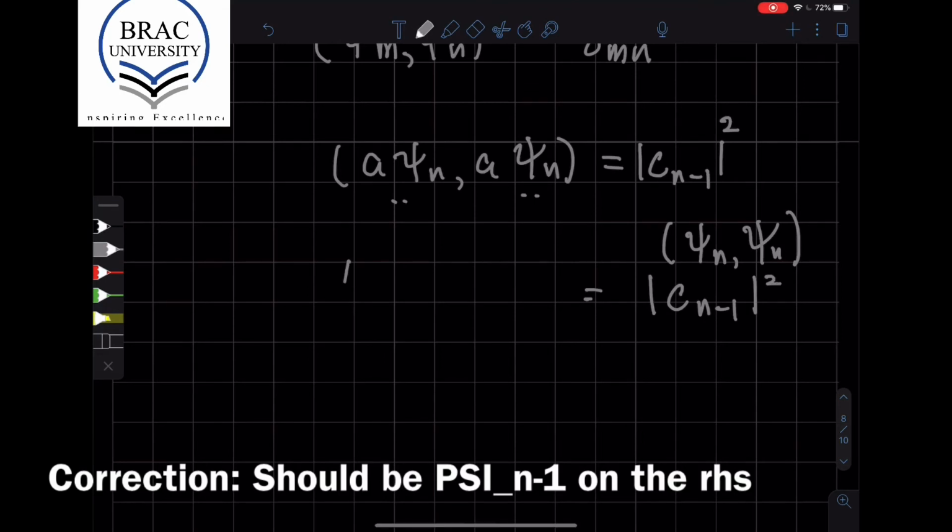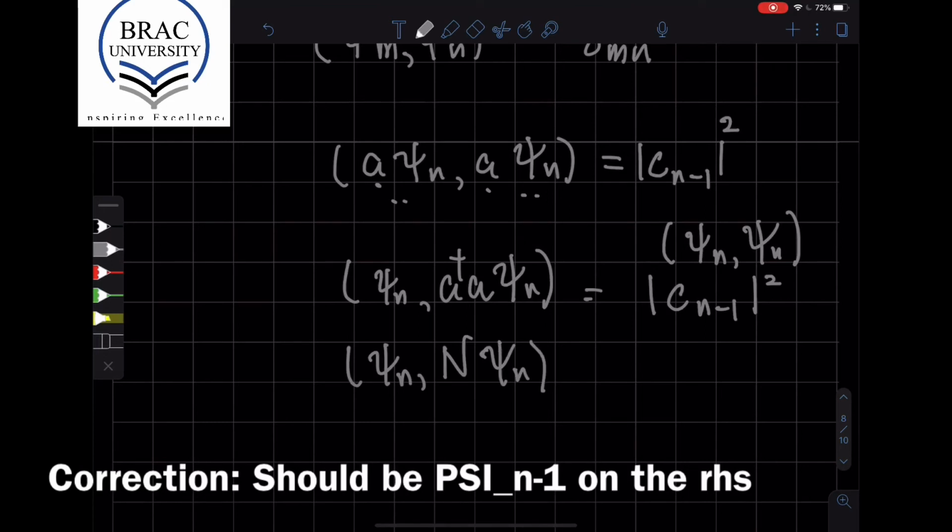On the left hand side I can bring a over here, and that will give me a dagger a acting on psi n. But a dagger a is nothing but the operator n.